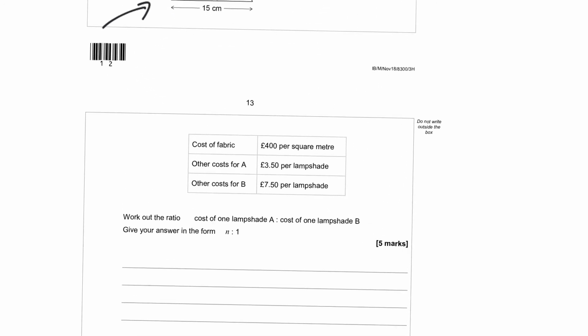So then going on down, it now gives us the cost of the fabric and it says other costs for A and B for each lampshade. So overall, it wants us to work out the ratio of the cost of lampshade A to the cost of lampshade B.